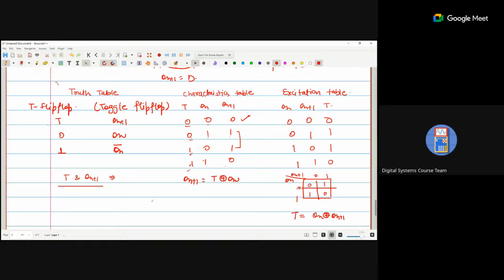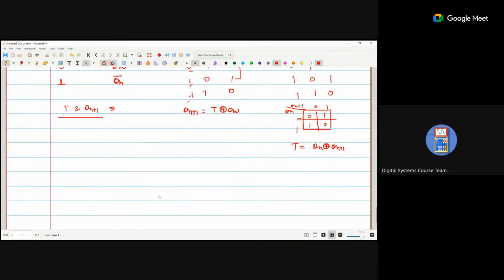Okay. Now if you draw the block diagram. As I already discussed, there are two particular sequential circuits: this is my first circuit, and second, this is my second circuit.